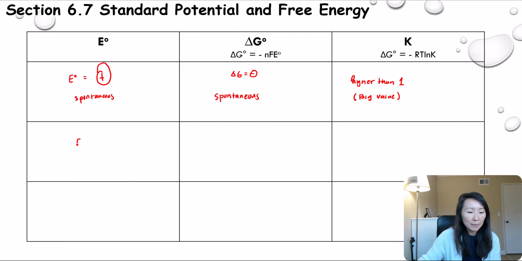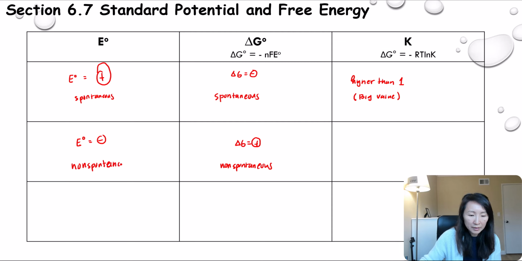Well, what does that mean if the E naught is negative? If the standard potential is negative, that means delta G is going to be positive. If delta G is positive, that means this is a non-spontaneous reaction or process.